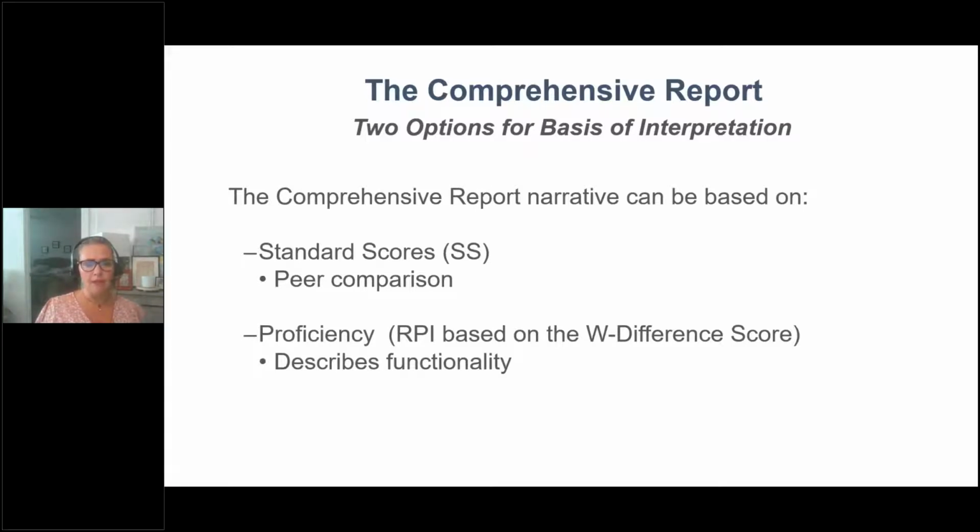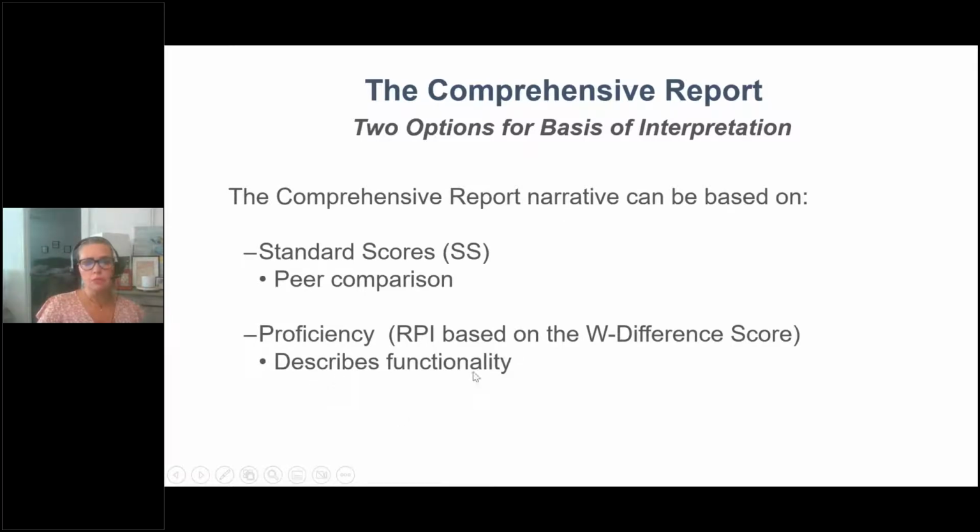Again, it provides us with much more detail that, in my opinion, is much more relevant to instructional programming, because it is providing you with information regarding students' proficiency versus just looking at students' performance through a standard score, which again is an ordinal measure that basically tells you that student's place in line. We want to go deeper and understand their functioning on specific skills. We have to look at students' proficiency.